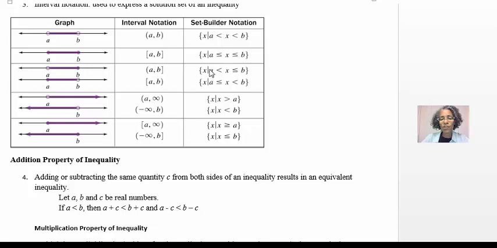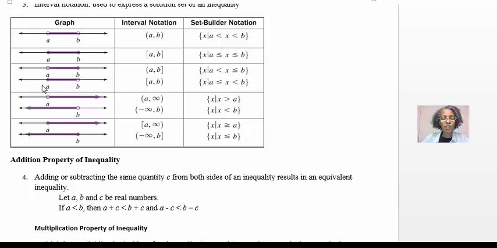And then when we write this using set builder notation, the inequality portion of that notation has simply A less than x. Notice there's no equals to there, which means the A is not included, and x less than or equal to B, indicating the B is included.